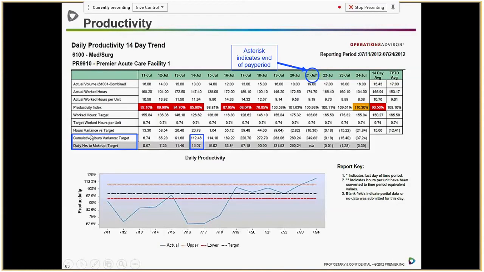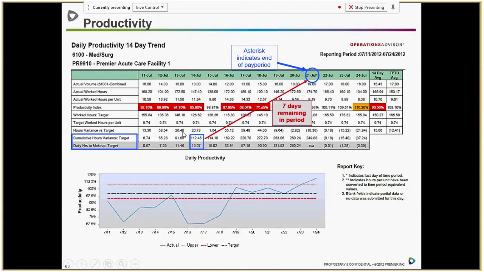So down at the bottom of this grid is the cumulative variance. What this is doing is calculating where's your variance to date and what's the makeup to get back to target. So in this case, if we had been looking at this report on July 15th, we would have had 7 days remaining in the pay period.